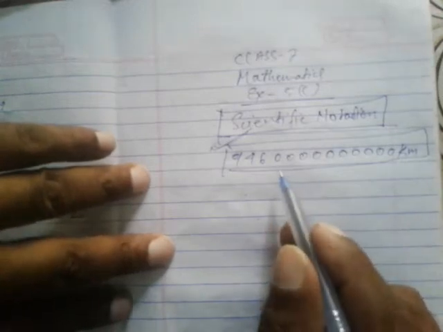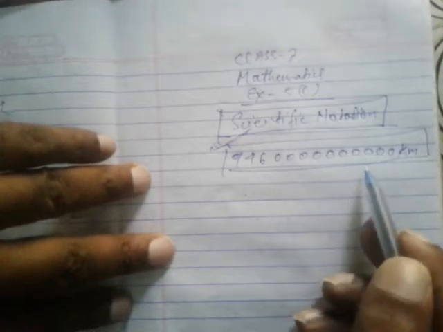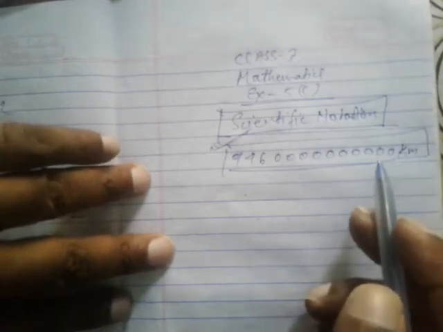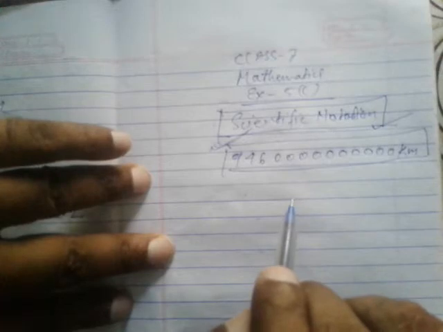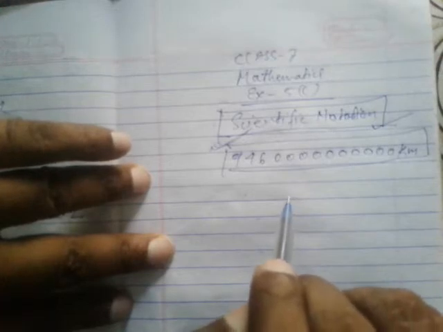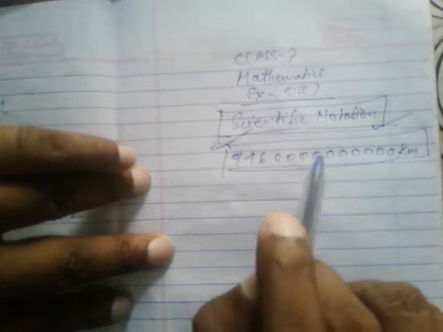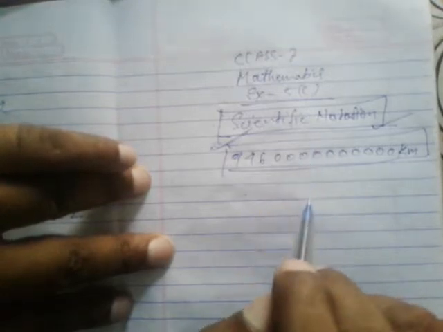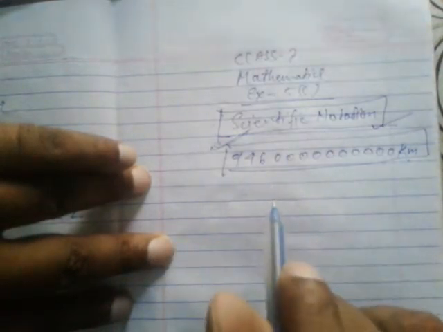So to avoid this problem, we use another method which is called scientific notation, and it is very useful for expressing a large number in a very convenient manner.